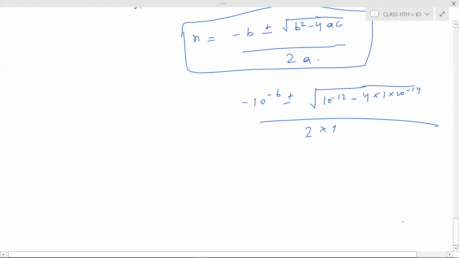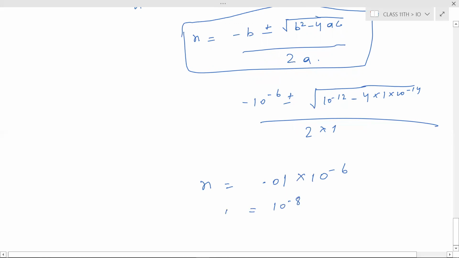Okay, on solving this, what we finally get is the concentration of OH negative ions, for the X, is equal to 0.01 into 10 raised to power minus 6, or this could be written as 10 raised to power minus 8.